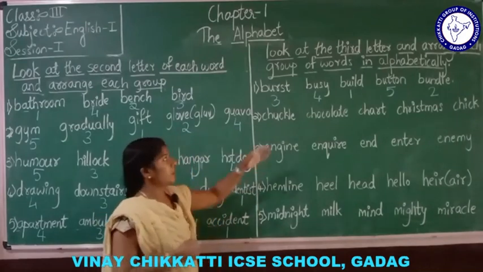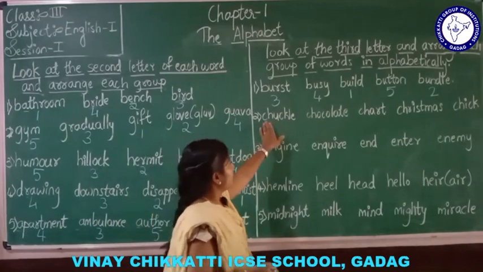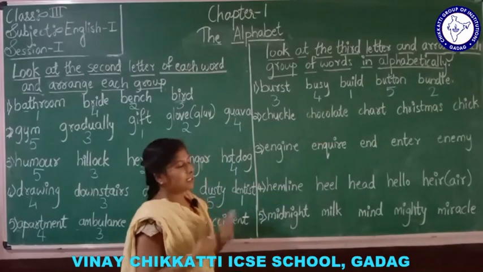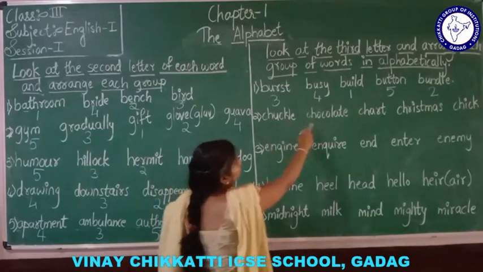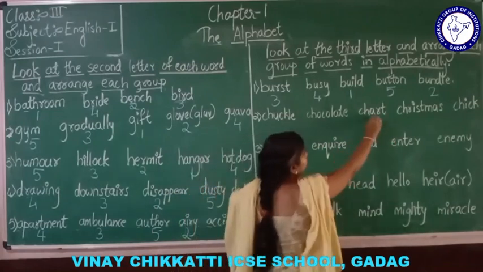The next one we can do here. See, CH, CH, CH, CH, CH. So let us start. Here U, O, A, R and I are there. First it is chart.